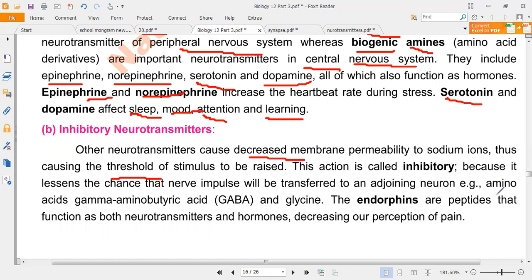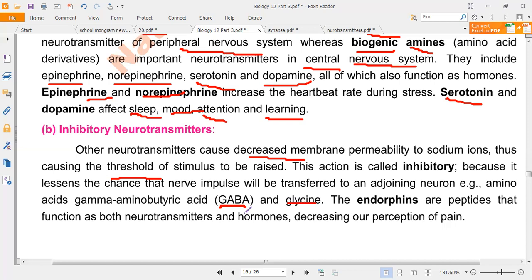Some of the very important inhibitory transmitters are GABA. GABA is actually an amino acid, called gamma aminobutyric acid, and the other one is glycine. GABA is the fastest inhibitory transmitter, and glycine as well.